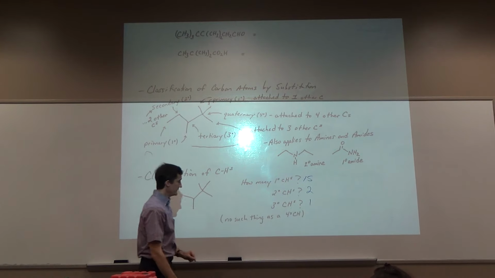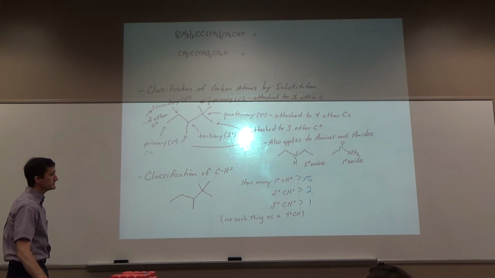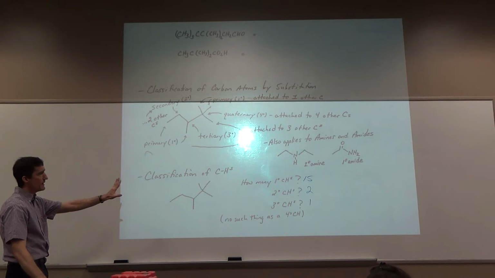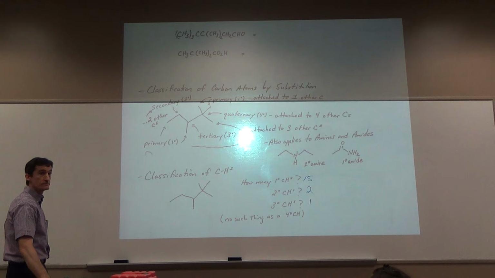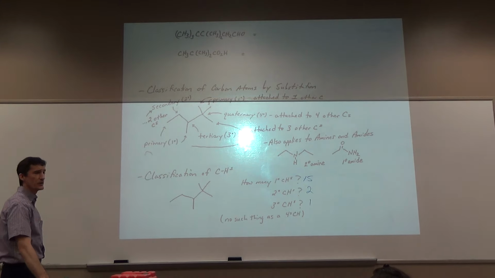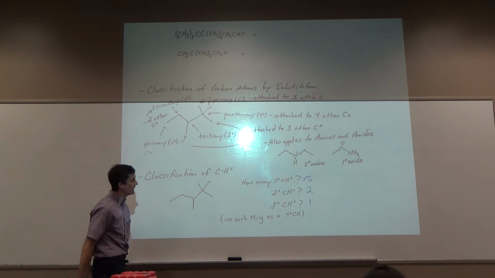How many quaternary CH's? No such thing, because if a carbon is bonded to 4 other carbons, it can't be bonded to an H. And hopefully that molecule has a total of 18 hydrogens. Since it's a hydrocarbon, there are none on oxygen or nitrogen. All the H's are on carbons.